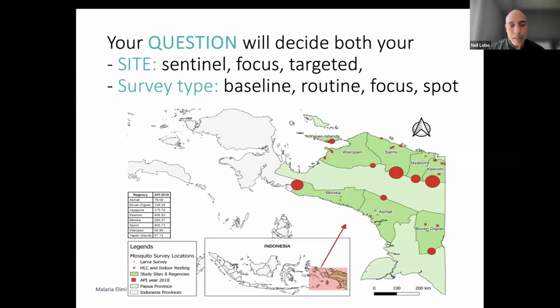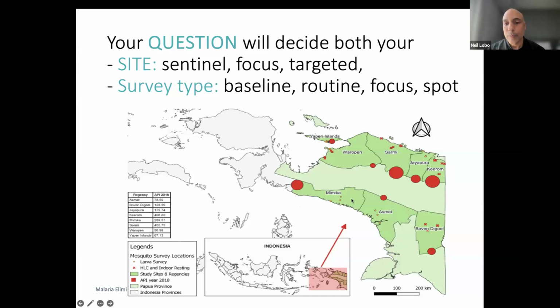As an example, I have this picture from a recent publication, from Papua in Indonesia, where there is the highest amount of transmission. The question was, what are the entomological drivers of transmission across Papua? Based on the API in 2018, these are the circles, the bigger circles, the more malaria.